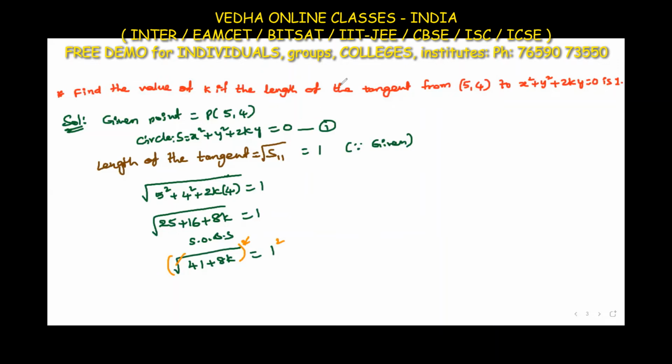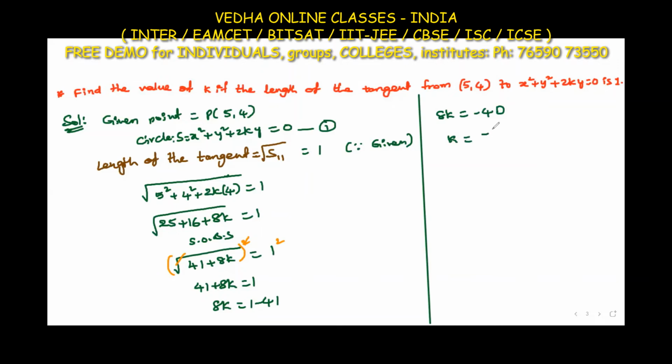Under the root, 25 plus 16 is 41. So 41 plus 8k is equal to 1. 8k is equal to 1 minus 41. 8k is equal to minus 40.